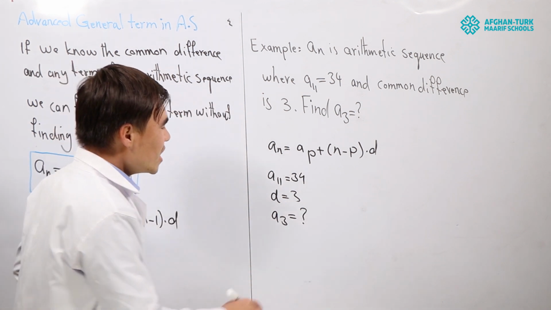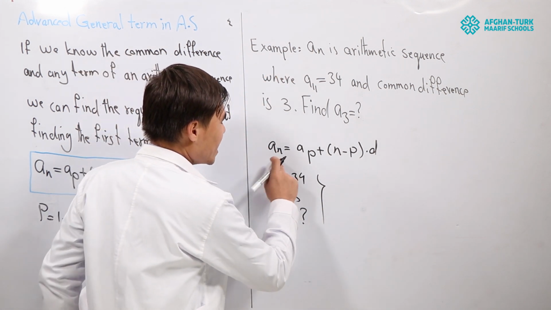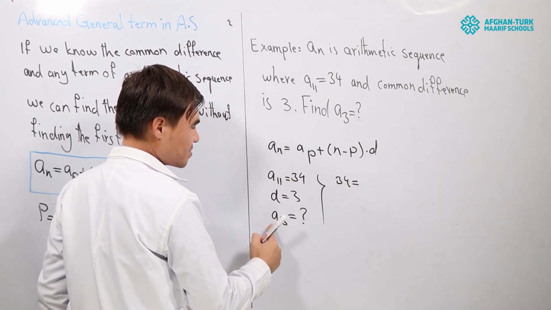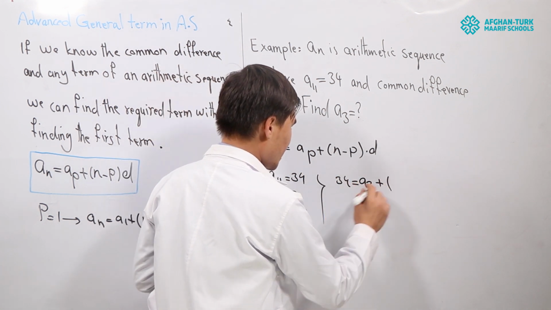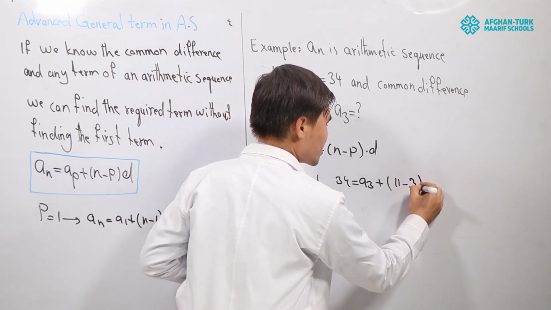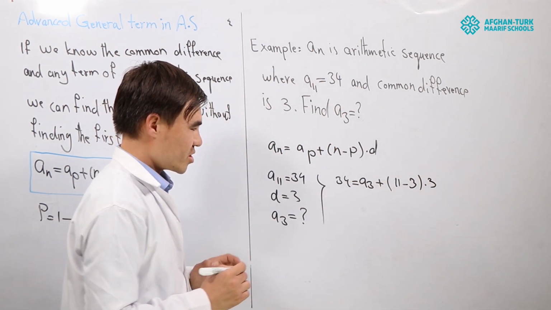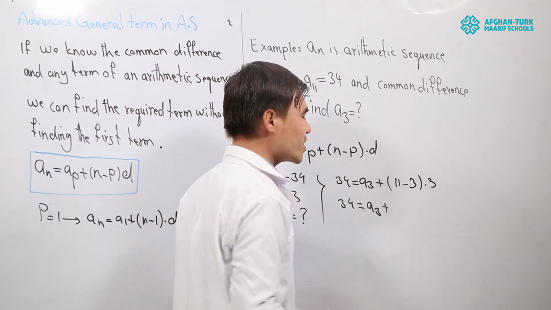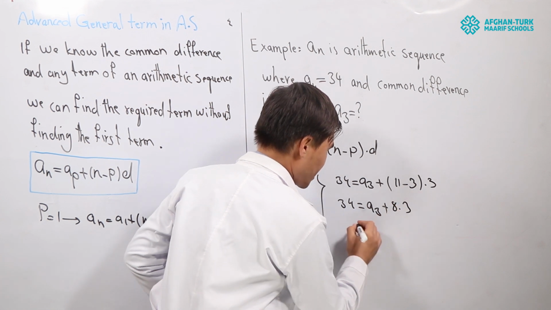Let's substitute the values given in the example: a_11, which is 34, is equal to a_p, meaning the third term, a_3, plus n, which is 11, minus p, which is 3, times d, which is 3. Let's simplify this equation: 34 = a_3 + (11 - 3) times 3, and 11 - 3 is 8, so 8 times 3.